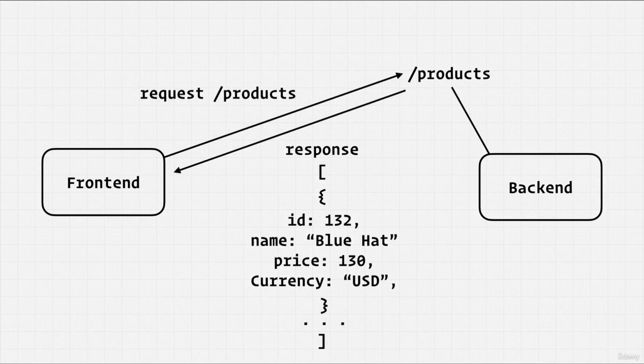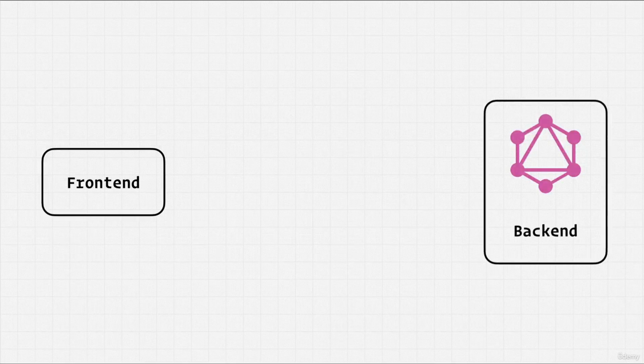Maybe the backend will limit that data, maybe it won't. At the end of the day, the backend is what determines what is inside of that data that you are requesting. This is a very common pattern and has been around for as long as REST APIs have been a thing. This is where GraphQL is different.